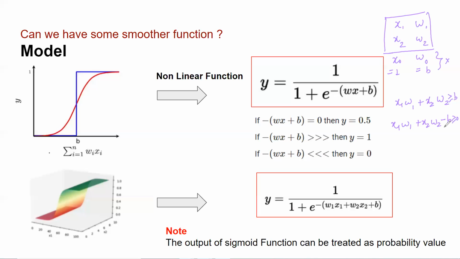Now what I'm saying is, first compute the value of your LHS. Forget about the RHS part. Whatever value you get after computing this, we put this value here in this place.